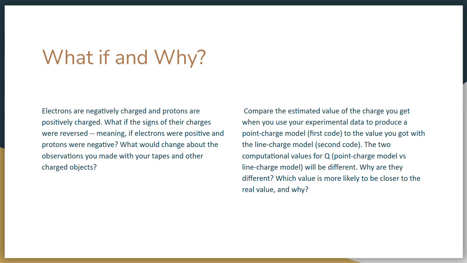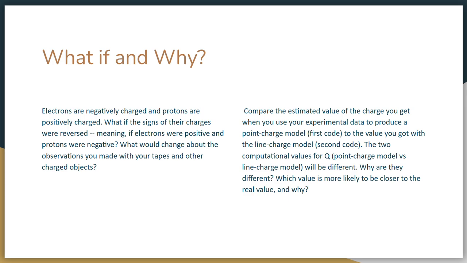So for some questions: what if and why? Electrons are negatively charged and protons are positively charged. What if the signs of their charges reversed, meaning the electrons are positive and the protons are negative? What would change about the observations we made with the tapes and other charged objects?